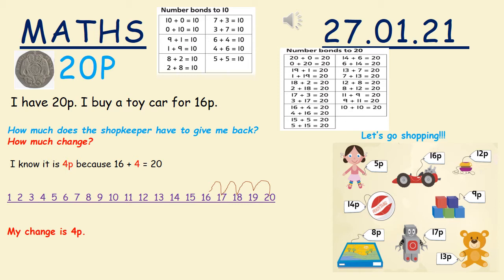So 16, let's count to 20. 17, 18, 19, 20. I'm counting 4 times. Okay? I'm hopping 4 times. So my change is 4p. And don't forget, when you're writing your answer, you must put p with your number.